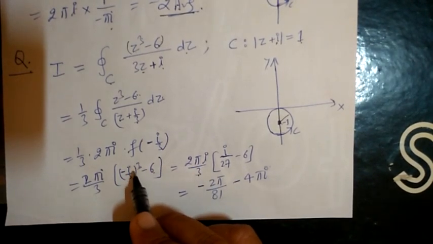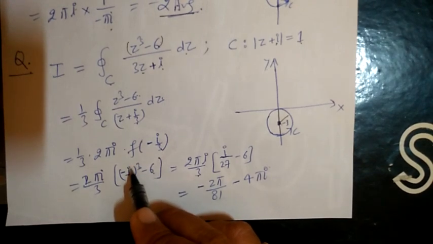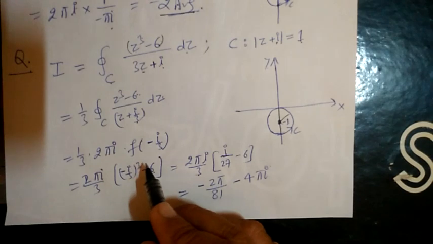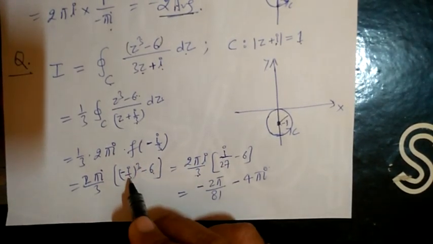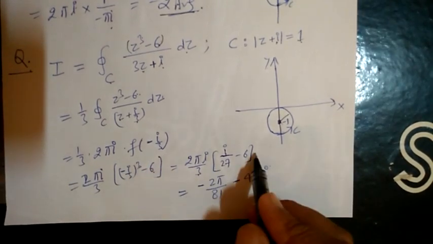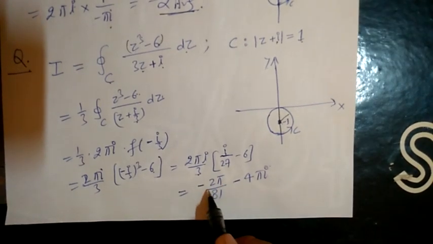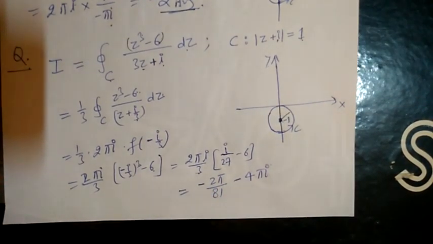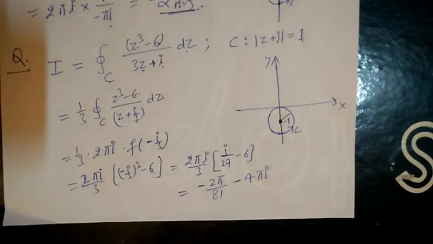Iota to the power 3 is iota square into iota, and iota square is minus 1, so minus times minus gives plus iota upon 3 to the power 3, which is 27, minus 6. Multiplying by 2 pi iota upon 3 outside the bracket, it will be minus 2 pi upon 81 minus 4 pi iota. So this is the detailed procedure of how to apply the Cauchy integral formula, or simply Cauchy formula, in complex integration.